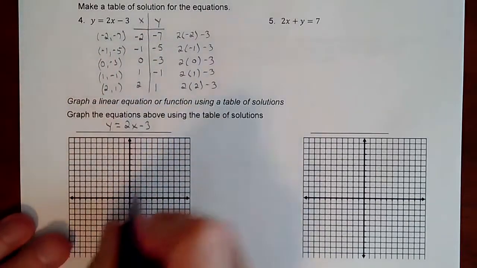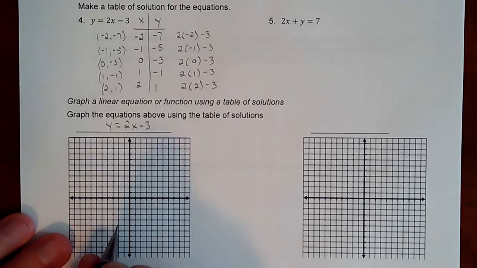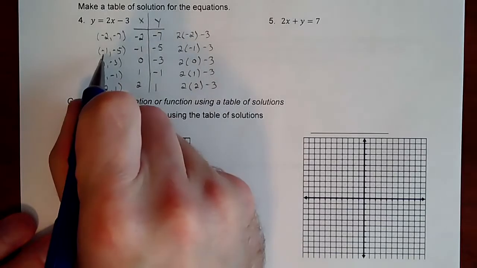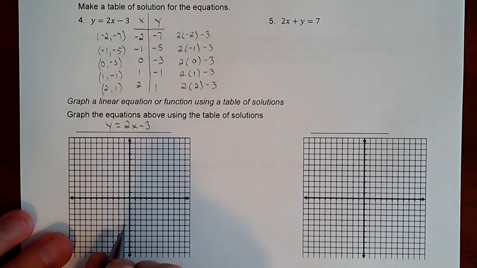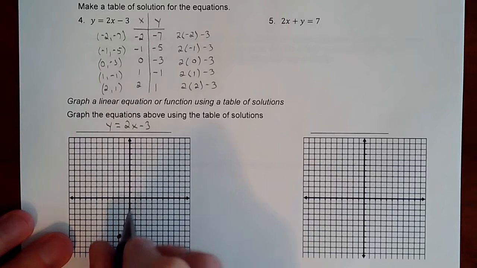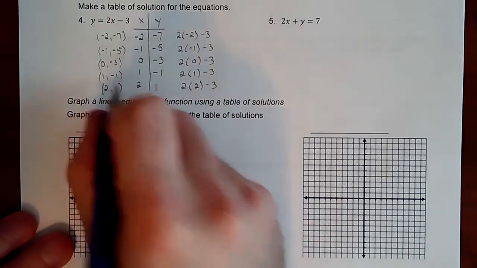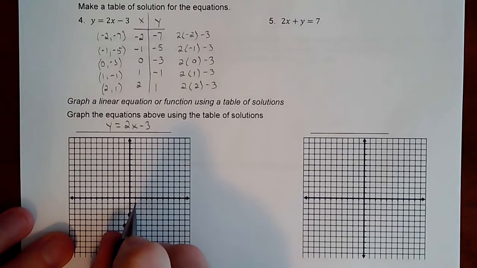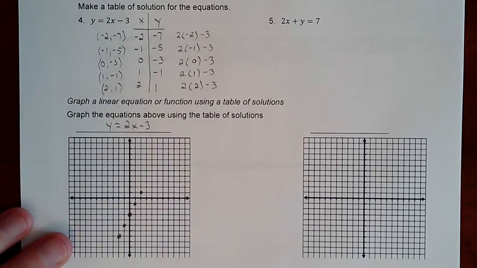If we plot this point of -2, -7, there's a point. -1, -5, so we went back 1, down 1. 0, -3, 1, -1, and then a 2, +1. If you look at the points, there's definitely a pattern.